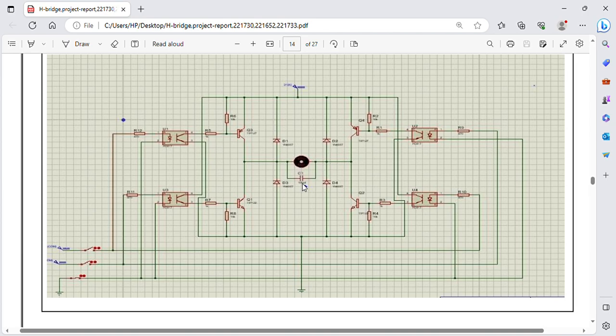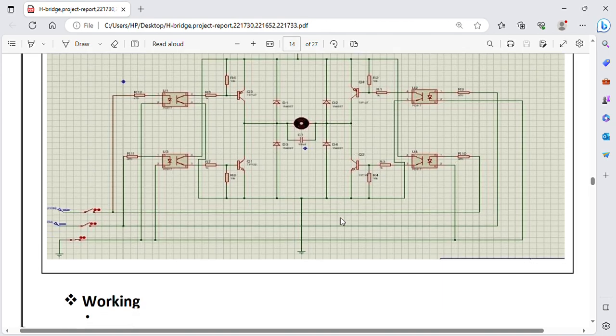Here we used a capacitor, and these diodes are for safety purposes, like we use these diodes for back EMF. Optocouplers are used for isolation, and here we have the full circuit which is properly working.